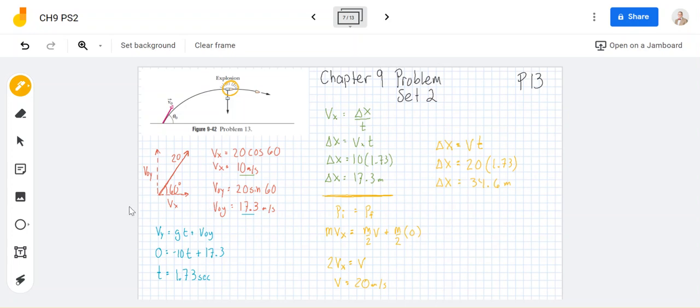And the question asks, what's the total distance? So the total distance would be the first half of the trip plus the second half. What's that, 51.9?